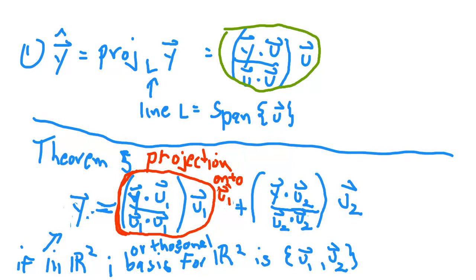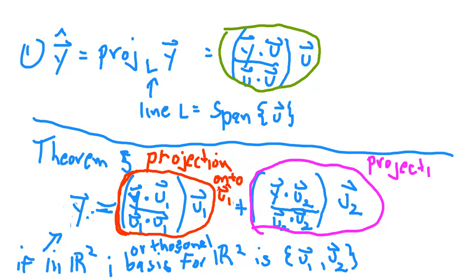And the second part is going to be a projection onto what vector?